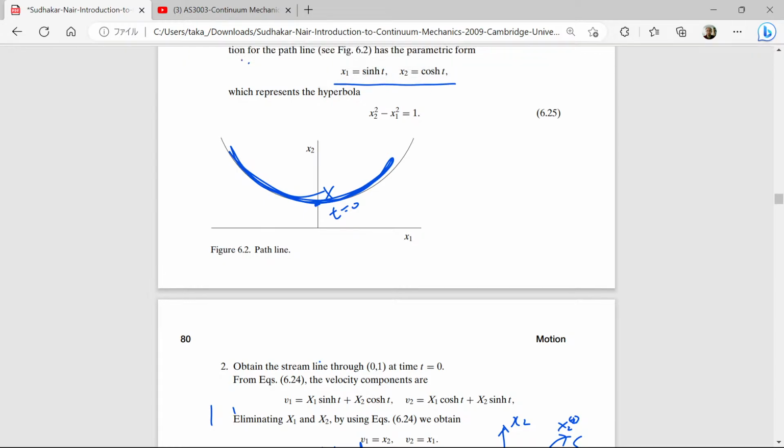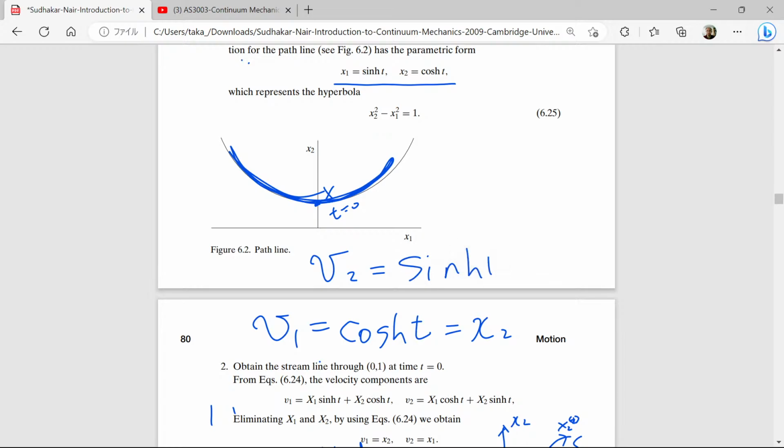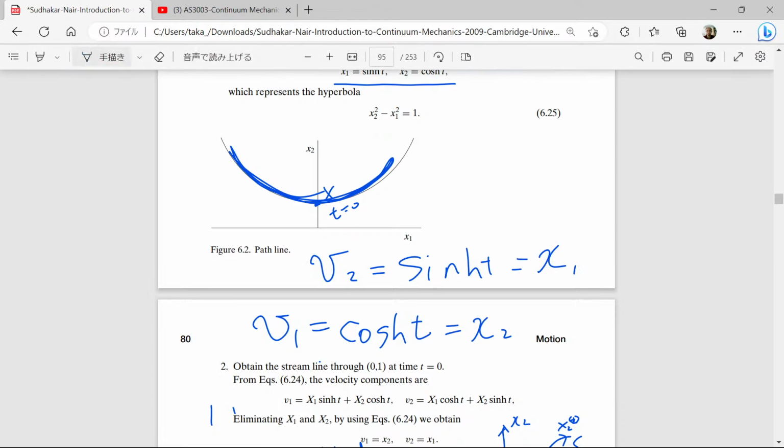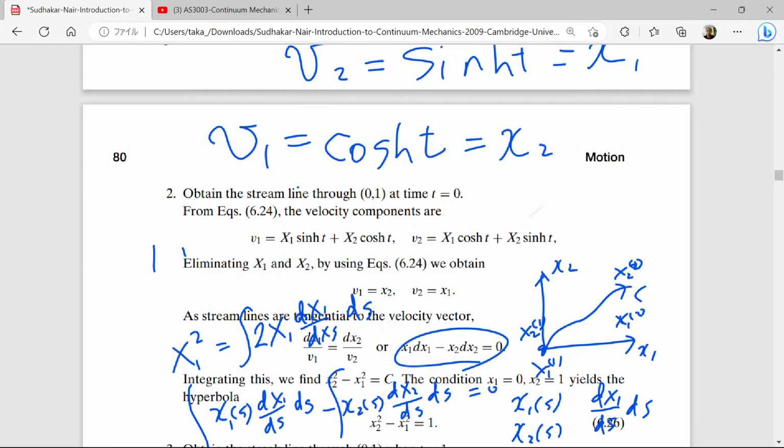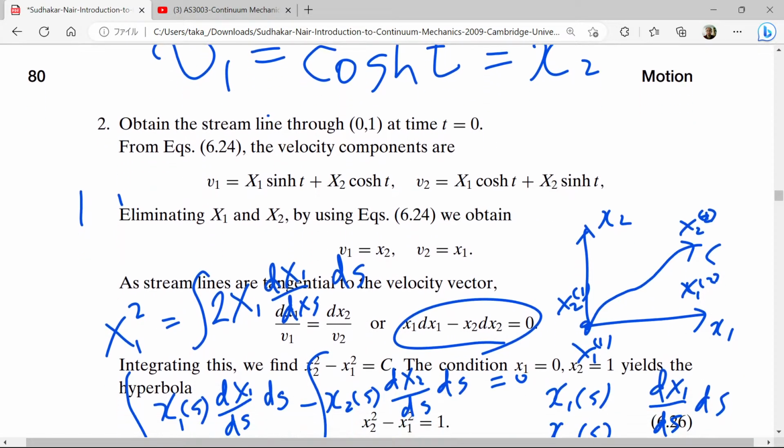So then we have V1, V1 is just like cos t, and this is x2. We also have V2. V2 is sinh t. This is x1. So we have this relation. That's why V1 is x2, V2 is x1.